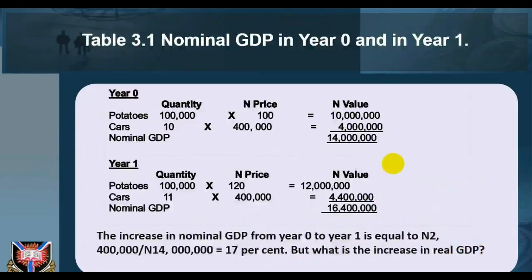This information is summarized in table 3.1. The increase in nominal GDP from year 0 to year 1 is equal to 2.4 million naira divided by 14 million naira, which is equal to 17%.